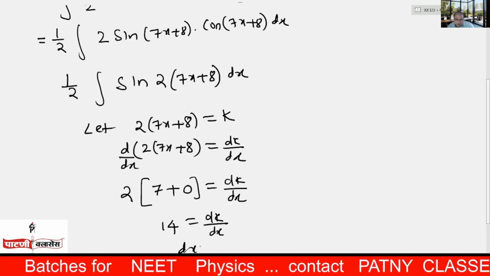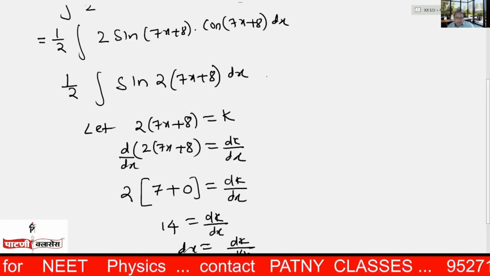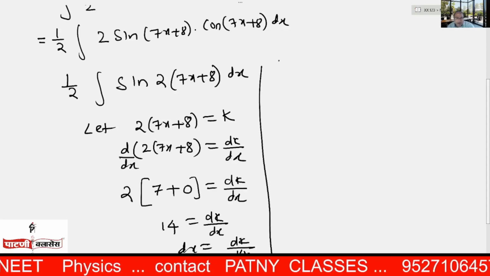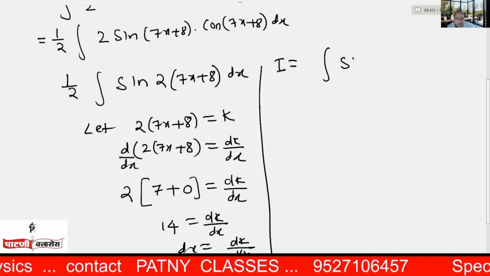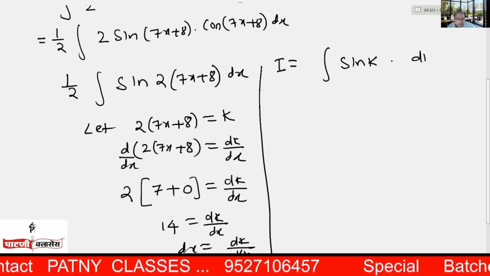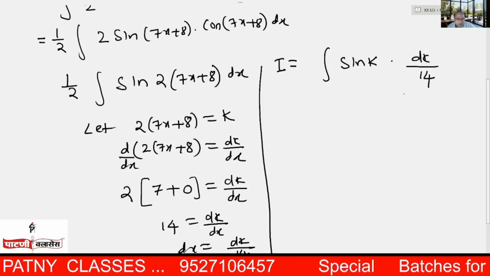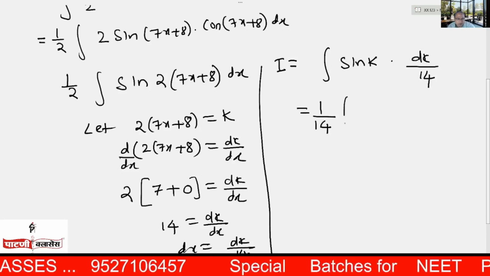Therefore dx equals dk upon 14. Now I equals sine k, and dx is dk upon 14, so 1 upon 14 is outside.